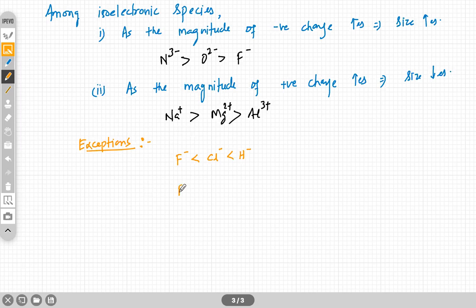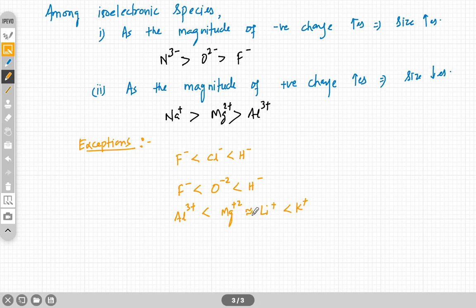Then we have F minus is lesser than O2 minus is lesser than H minus. Al3 plus is lesser than Mg2 plus, which is almost equal to Li plus, less than K plus.